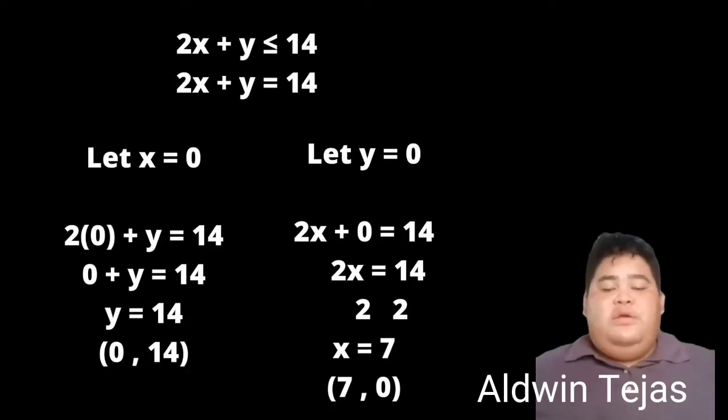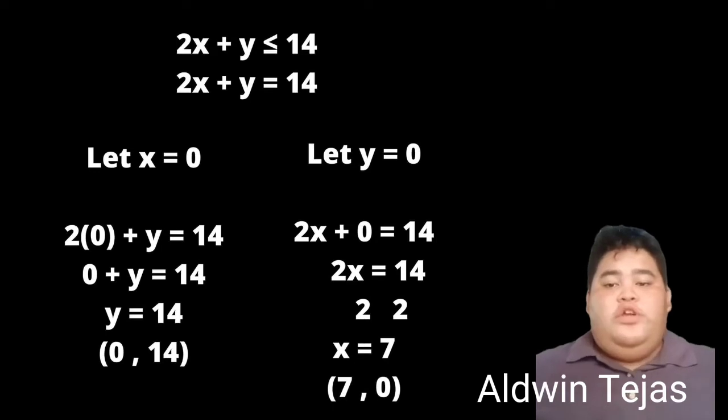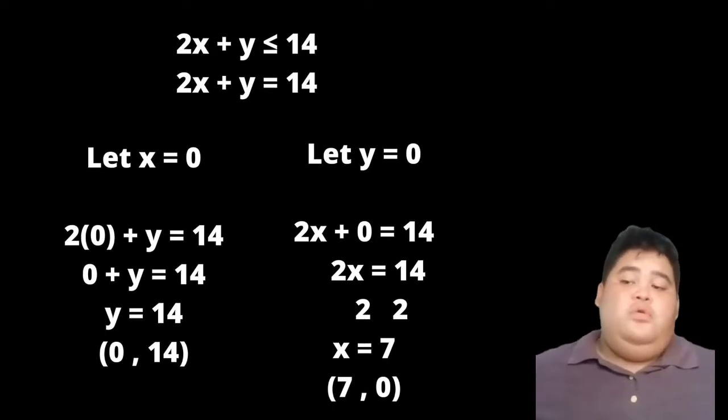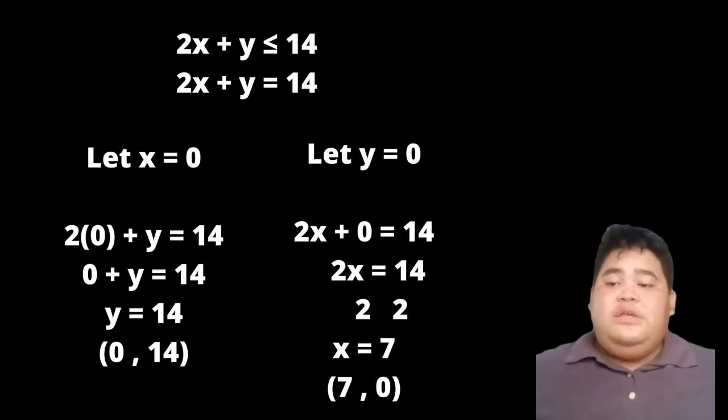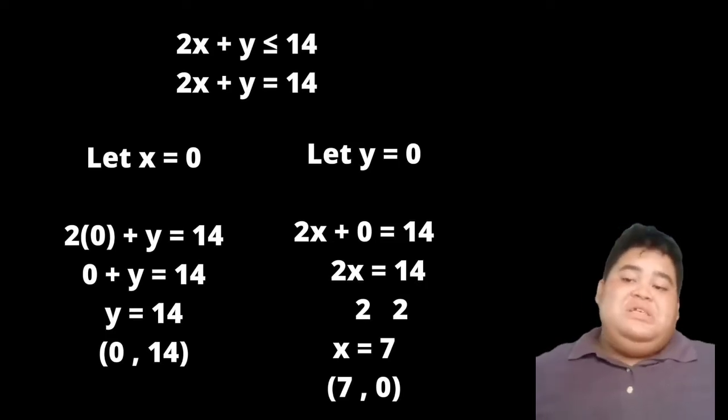Good day everyone, I am ALDWIN TEJAS. I'll be reporting the substitution to get the ordered pair. So let's start. Let x equals 0. The given is 2x plus y equals 14.